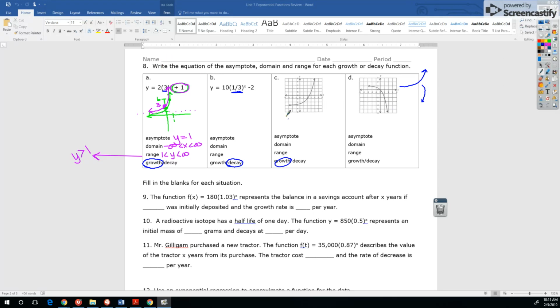Number 2. This would be the graph. It starts up here at 10 as the y-intercept, and it decays by a third every time. But this minus 2 means I'm shifting my graph down 2 units, so then it would start at 8, and it would decay down.